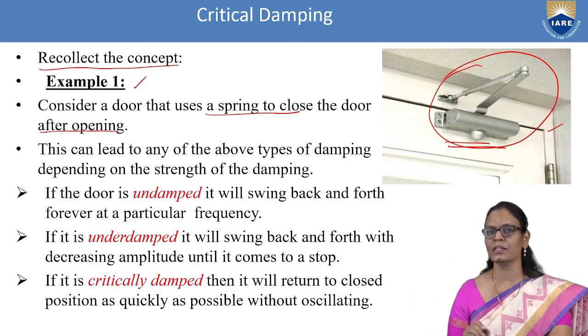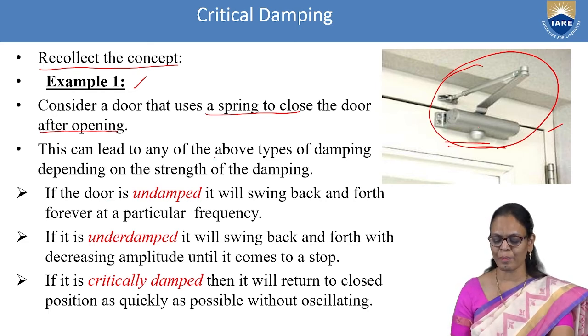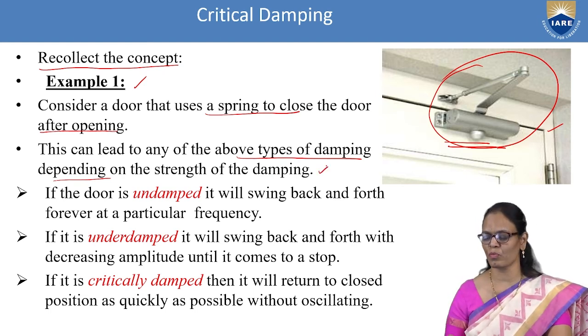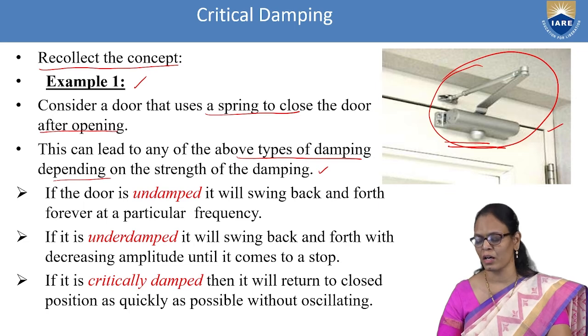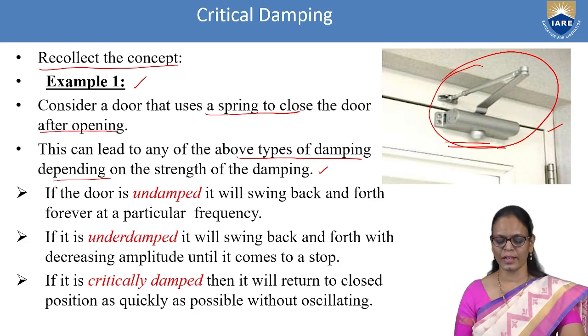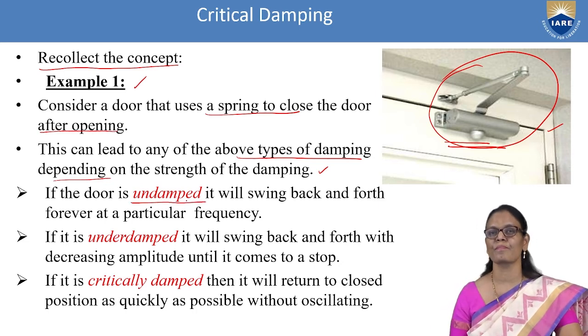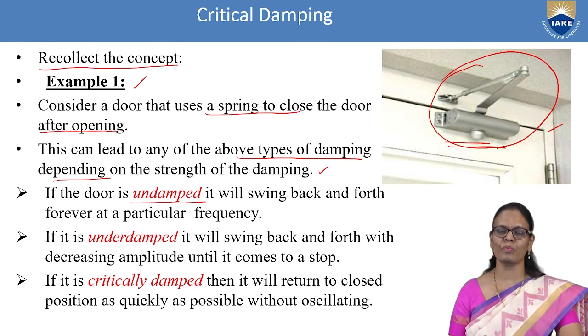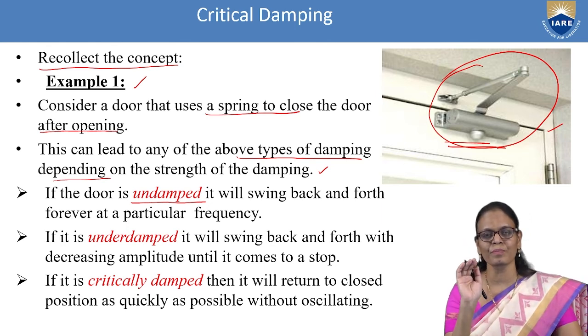When we are using this for closing the door, there may be different types of damping, and depending upon the strength of damping that we apply here, the door closes differently. Now in case the door is undamped, meaning there is no damping at all, what happens once you open the door?